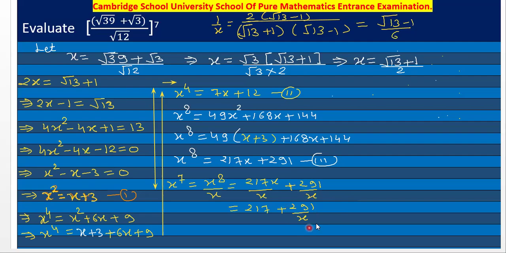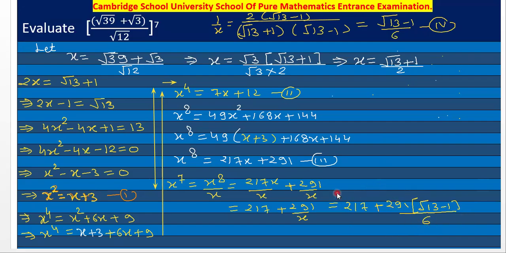Replace here 1 by x. So write 217 plus 291 as it is, and in place of 1 by x, you write square root of 13 minus 1 upon 6. Now this and this cancel out by 3.